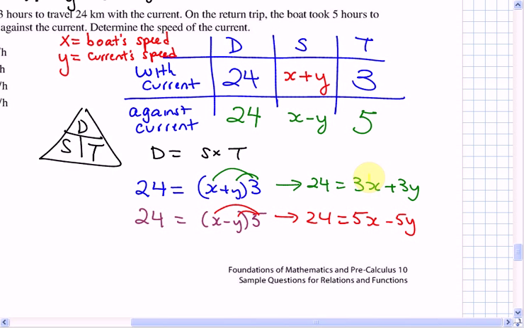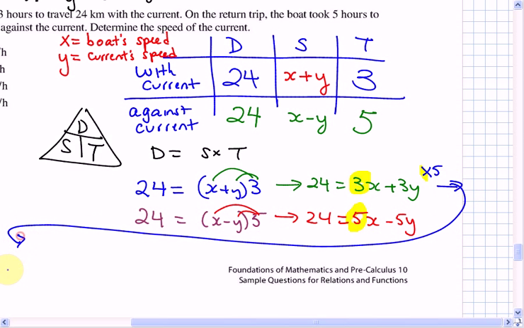To eliminate, we're thinking, I need them to be the same. So I'm hearing somebody say multiply the first equation by 5. Go right ahead. Running out of space here, so I'm going to do down there. 24 times 5, that's 120. 3 times 5, 15x. 3 times 5, 15y.